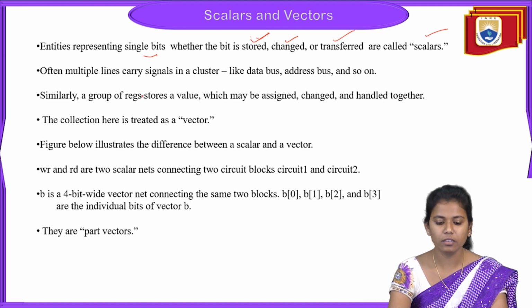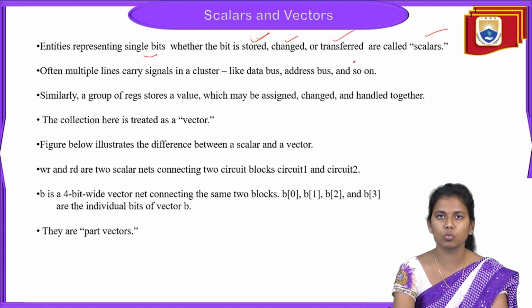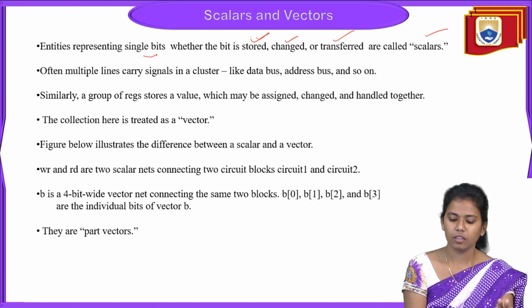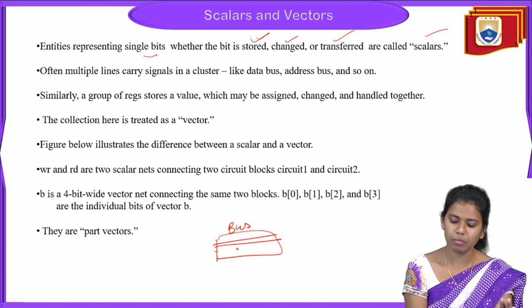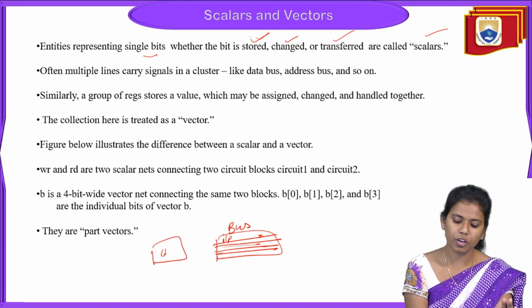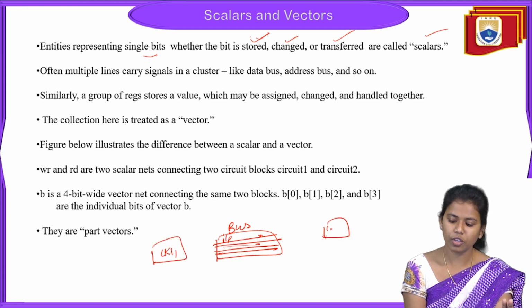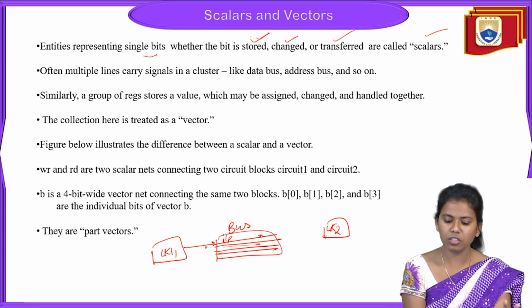Often multiple lines carry signals in a cluster, like a data bus, address bus and so on. Here if you observe, there are multiple lines. The bus consists of multiple lines. It could be either input or output from circuit 1 to circuit 2. If you take a large complex circuit, connecting one circuit to another with individual wires is not possible.